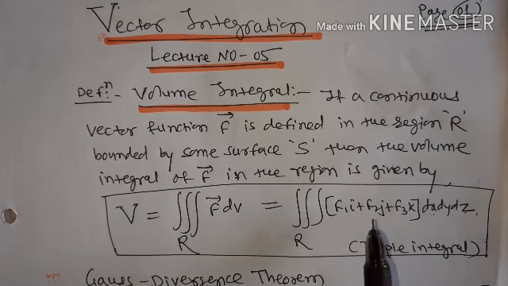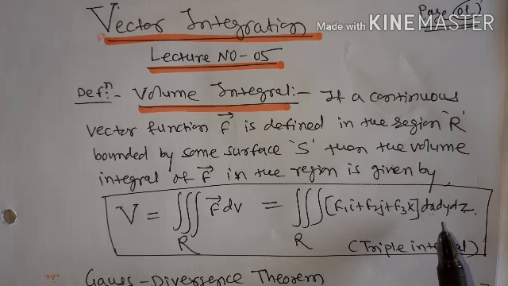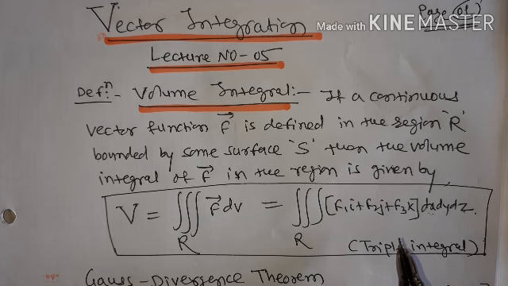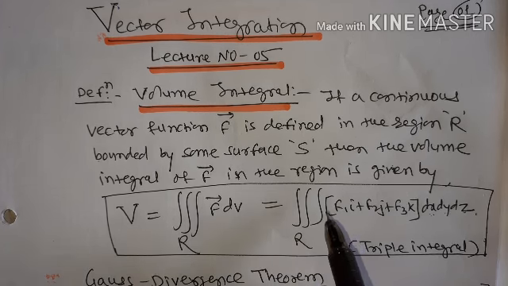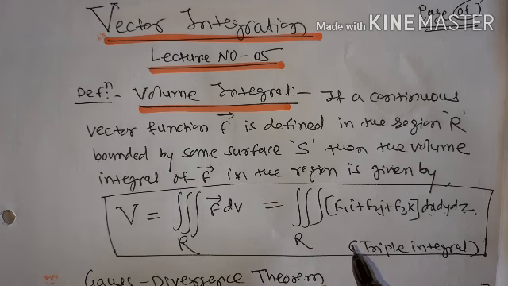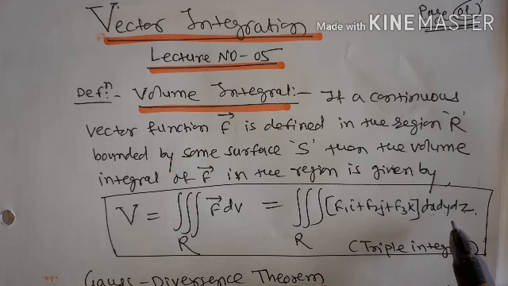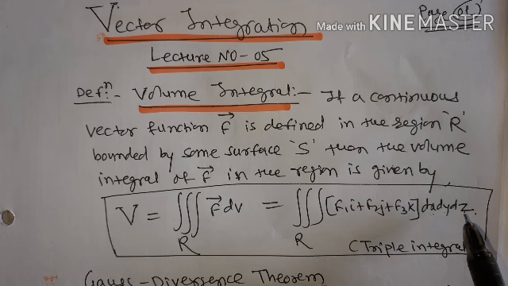So how to evaluate a triple integral? You learned this in the second semester of first year in the topic multiple integrals. Evaluation of a triple integral depends on the limits of the integral. If the limits are constants, then you can evaluate the triple integral in any order, first with respect to x, then y, and then z, or vice versa.